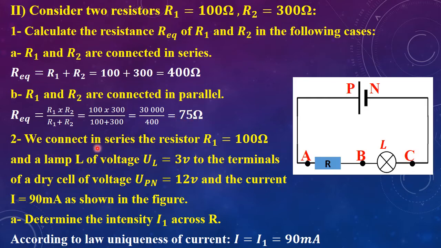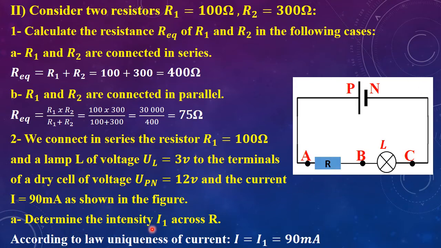We connect in series the resistor R1 and lamp L of voltage UL 3 volt, to the terminals of the dry cell of voltage UPN 12 volt, and the current I is 90 milliampere as shown in the figure.